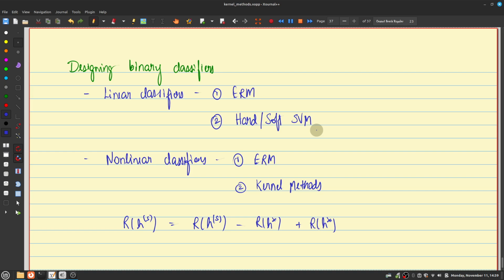Again, typically you cannot implement ERM with respect to the 0-1 loss. So even when you're training classifiers, say neural network classifiers, you typically do it with respect to a different loss, for example the cross entropy loss. Because most learning algorithms are based on optimization techniques like stochastic gradient descent, for which you need a sufficiently smooth function to optimize over.